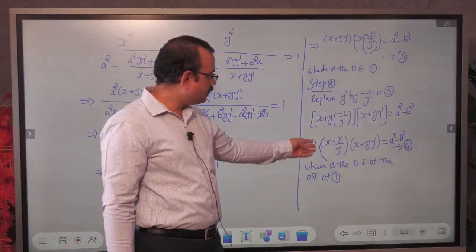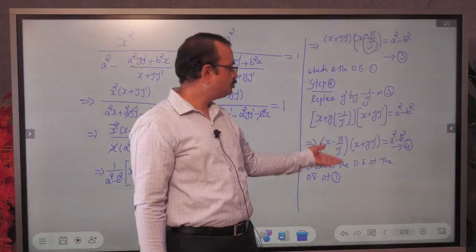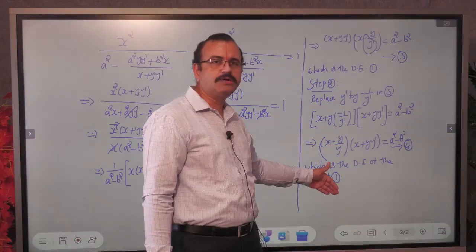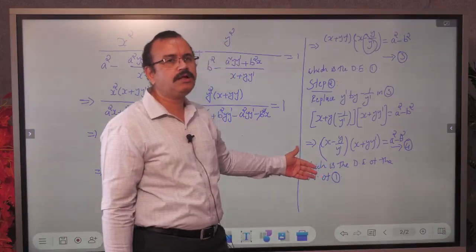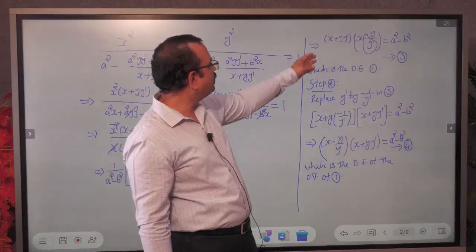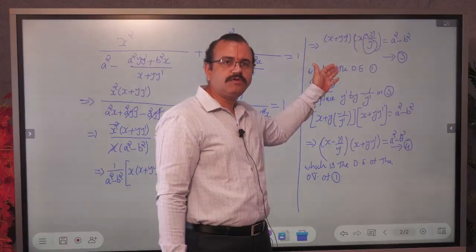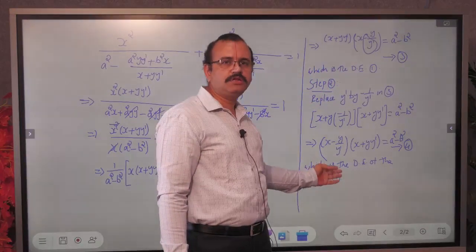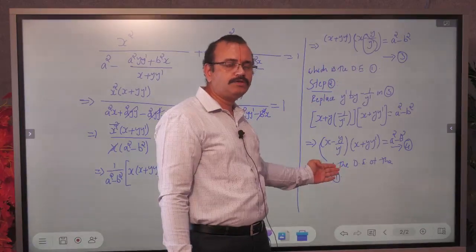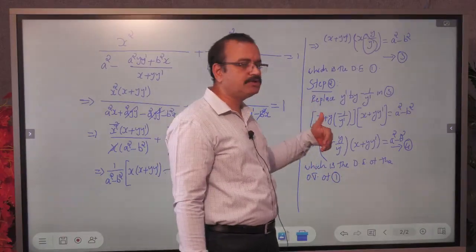So in the sense, once again if we solve this equation 4, again we will get the given family only. So that's why no need to go for step 3 here. So this is the advantage in evaluating the self orthogonals. If you can identify that equations 3 and 4, the differential equation of the given family and the differential equation of the orthogonal trajectory, both are same, means the given family is self orthogonal.